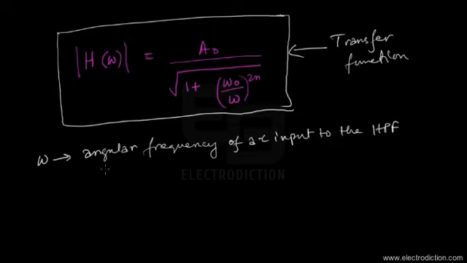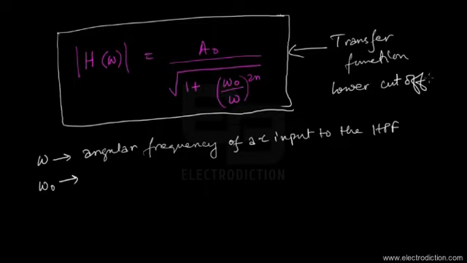And over here, this particular term, that's omega 0. All sorts of high pass filters have a certain cutoff frequency which is basically known as the lower cutoff frequency.